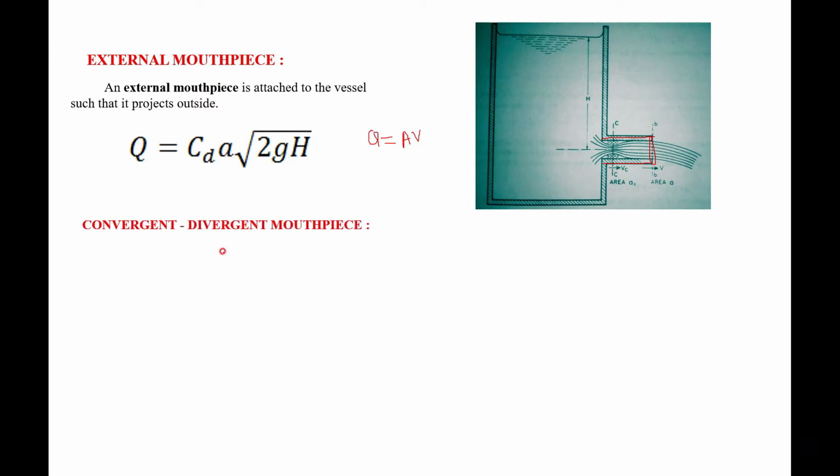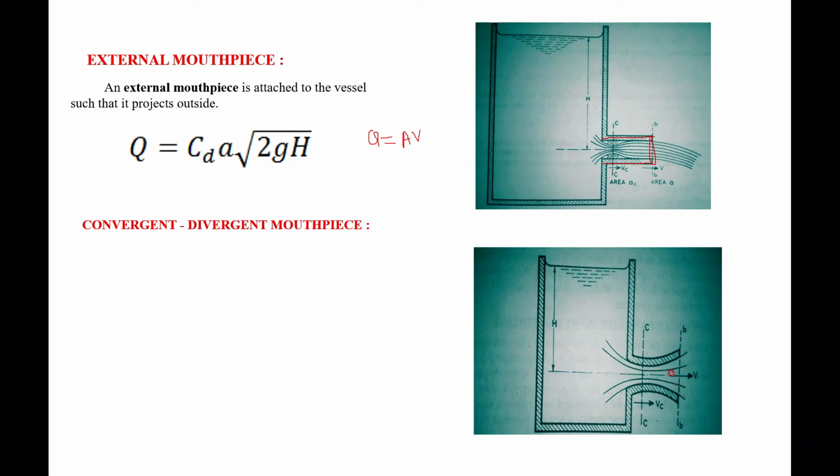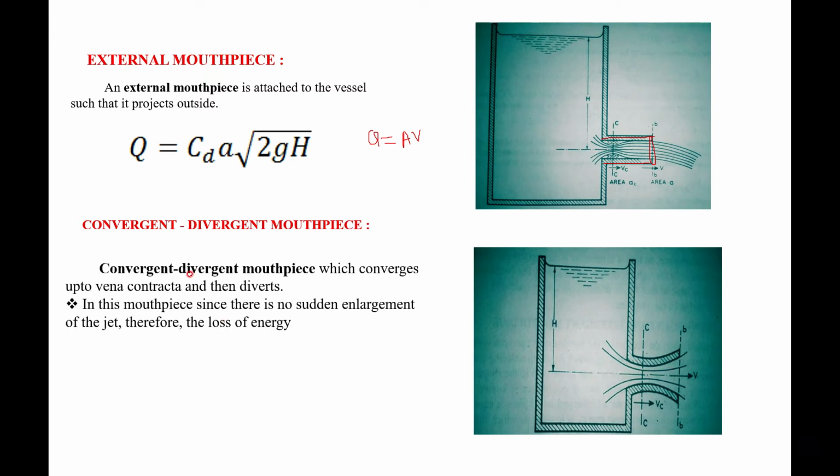Then the convergent and divergent mouthpiece: initially the area is reduced, then it is expanding like this. Initially it is converging, then it is diverging, and it is called a convergent-divergent mouthpiece. It converges up to the vena contracta and then diverges. Up to the vena contracta the area of entry for the liquid is very narrow, then again it expands.